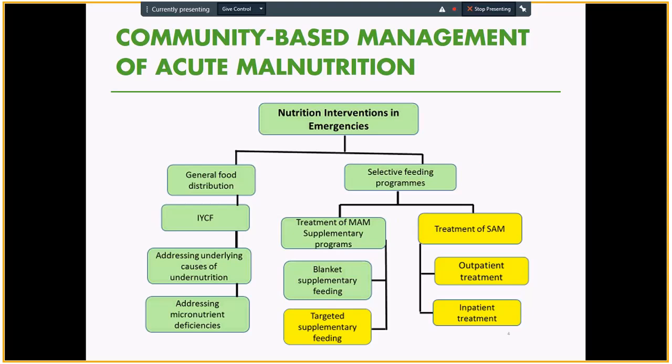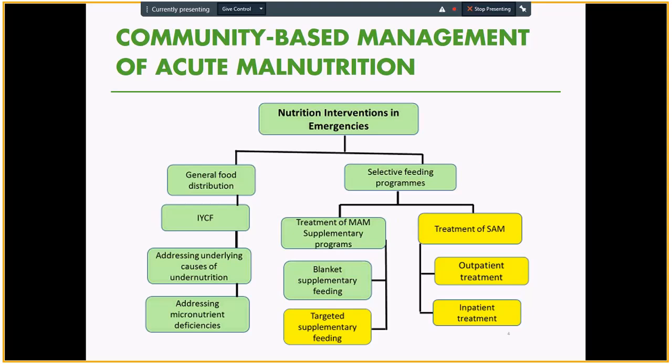I'm pretty sure most of you have learned a little bit about community-based management of acute malnutrition, and where it fits within emergency nutrition intervention programming.